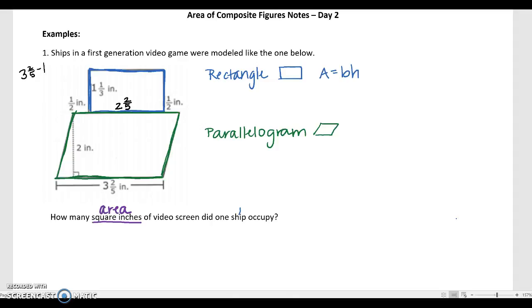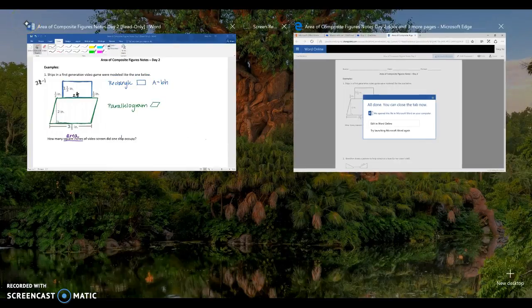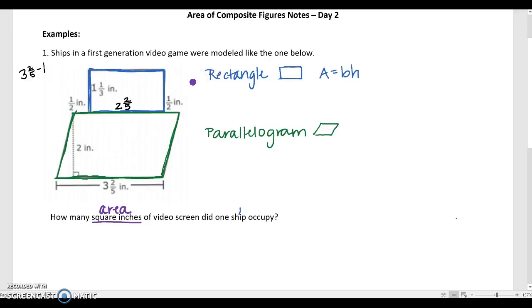So if you're still confused, we know that 1/2 is 0.5, right? It's like 50 cents. So 0.5 plus 0.5 is like 1.0, right? So 3 2/5.